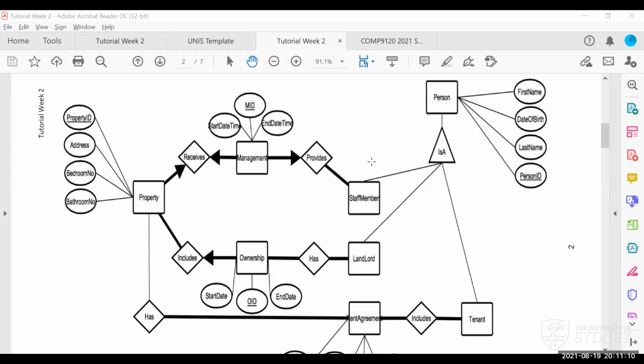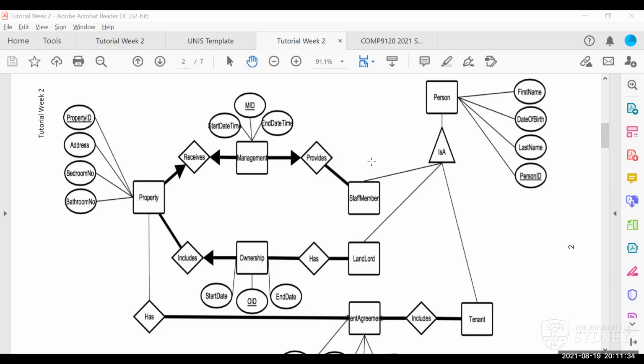date of birth. At any point of time, each staff member must be responsible for managing at least one property, where a property can be managed by multiple staff members and must be managed by at least one staff member at any point in time.